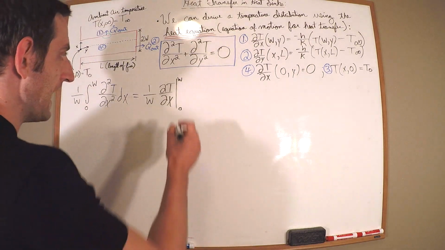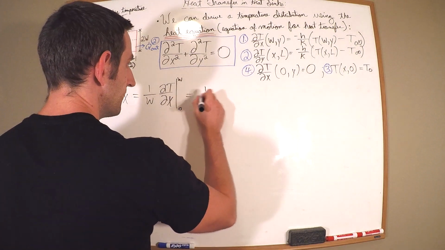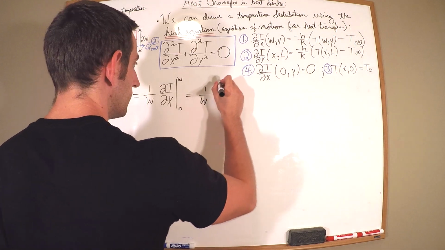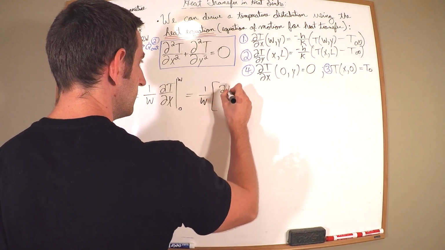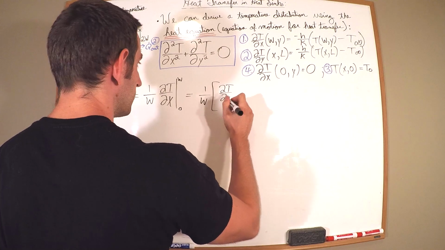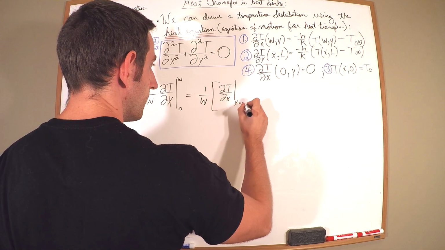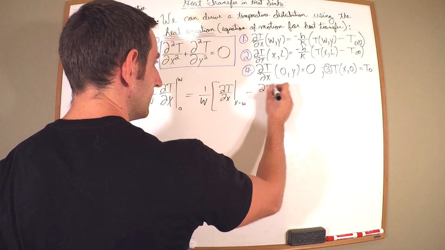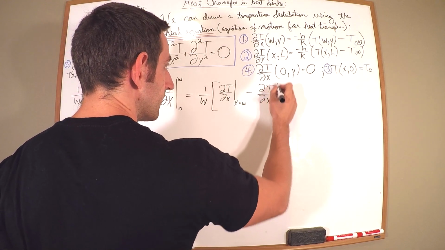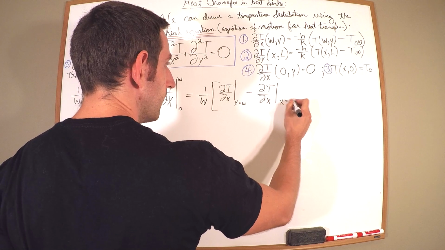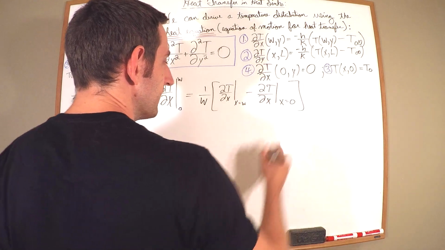And what happens is when we take 1 over w times dT/dx defined at x equals w, minus dT/dx defined at x equals 0, we find something interesting.